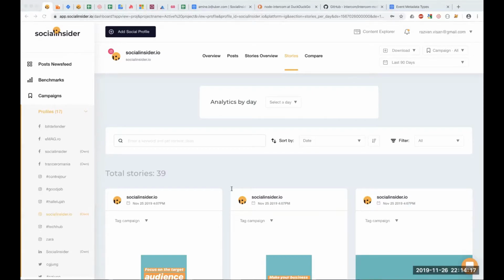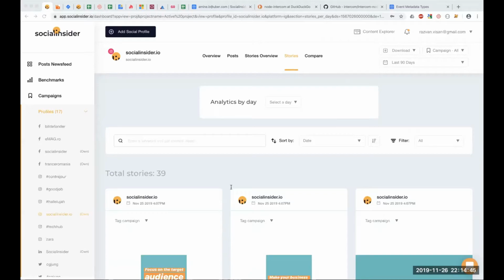One more thing about the stories. Not all the stories will be available in Social Insider because not all of them are available via the API. This is because the stories that are reshares of other stories or posts will not be retrievable via the API. So that's a limitation.